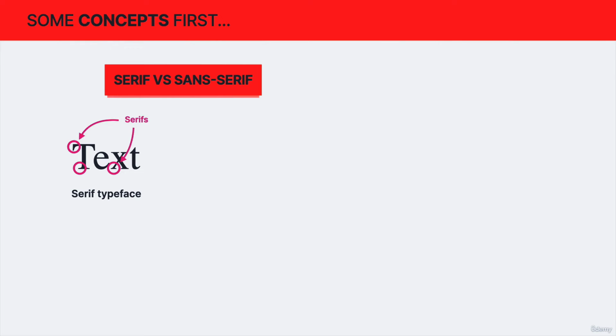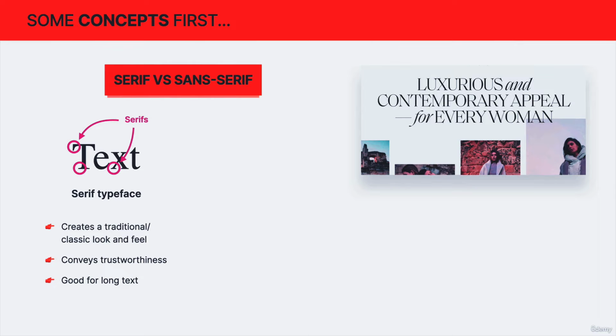And so that's why this typeface is called a serif typeface. And serif typefaces are the more traditional typefaces, and therefore we can use them to create more traditional or classic looking interfaces. They also make the design convey trustworthiness for the user, and finally, it's also good for long text, for example, in an article or an online magazine.